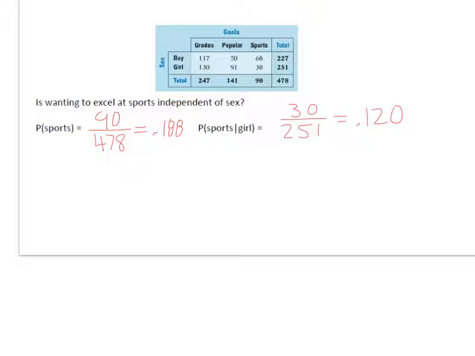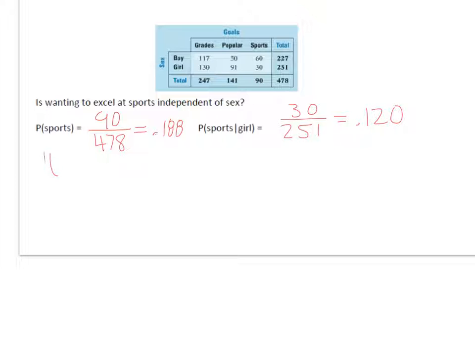So how'd you do? Did you get 0.188 and 0.120 as your two? Hopefully you did. If you didn't, let's just recap real quick. The probability that you choose sports, there's 90 people who chose sports out of the 478, versus sports given you're a girl, so restricting the denominator to 251, and then being a girl who chose sports, there were 30 of them, gives you the 0.120.